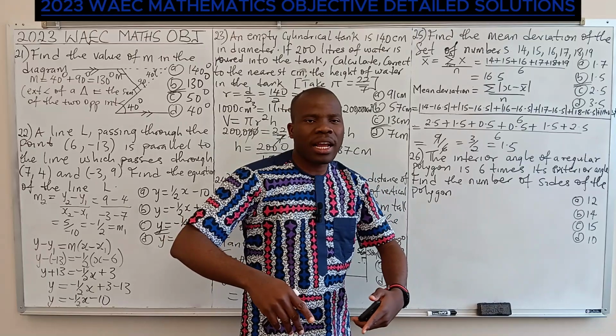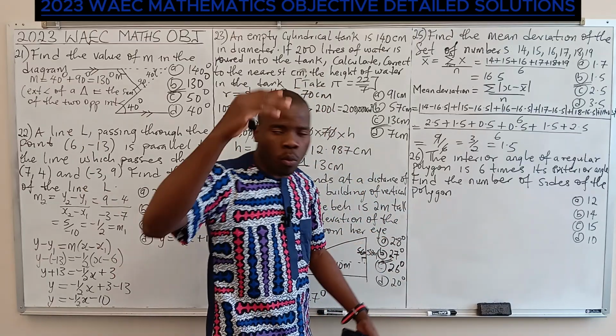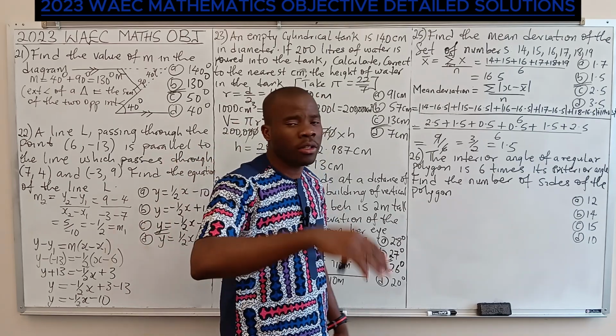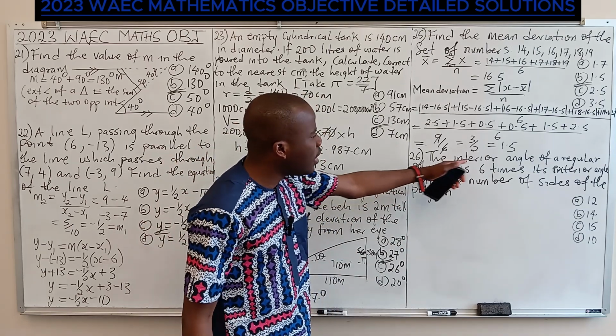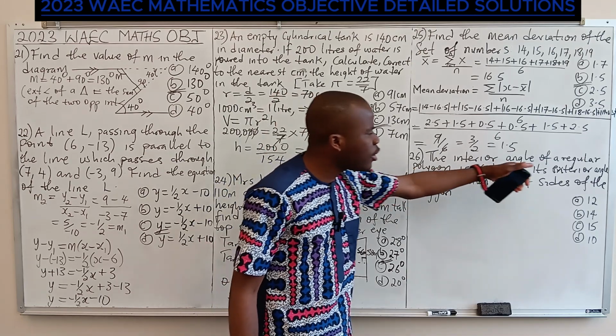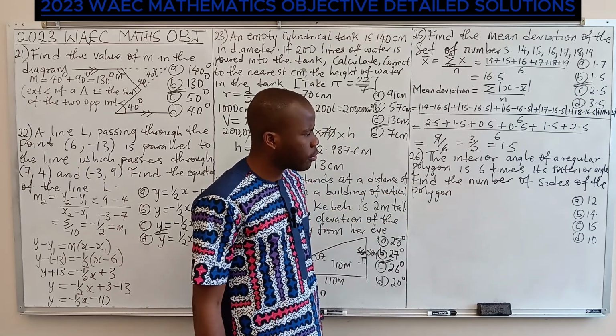For a quadrilateral, that will be a square, and so on. We have pentagon, hexagon, heptagon, octagon, nonagon, decagon. So the interior angle of a regular polygon is 6 times its exterior angle. Find the number of sides of the polygon.